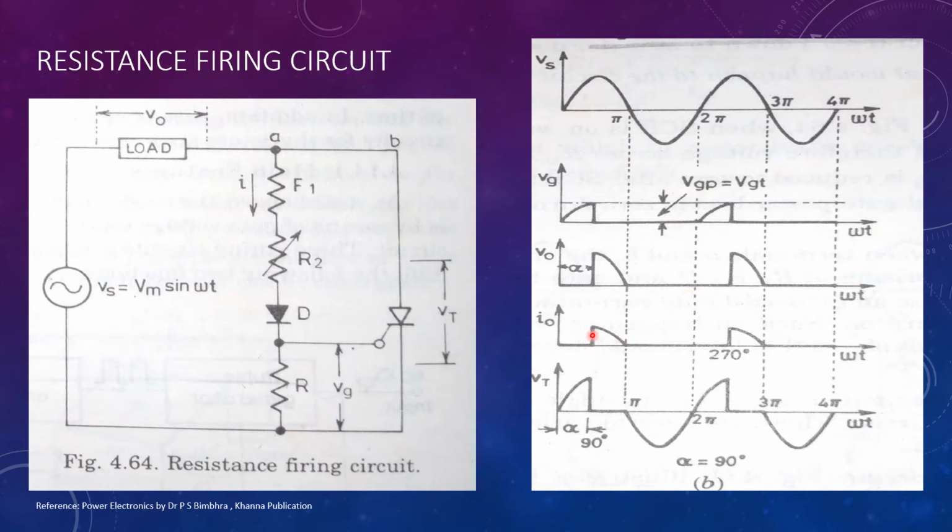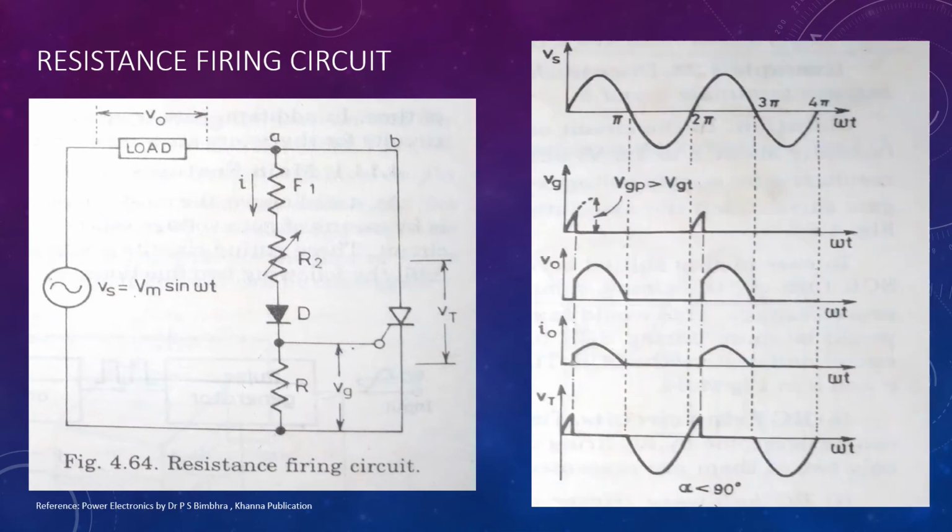During the on condition, the load current is given by I0 equal to V0 divided by the load resistance. Whenever R2 is adjusted such that the peak value of the gate pulse is greater than the gate trigger voltage, it is observed that the gate voltage reaches the gate trigger voltage before 90 degree.